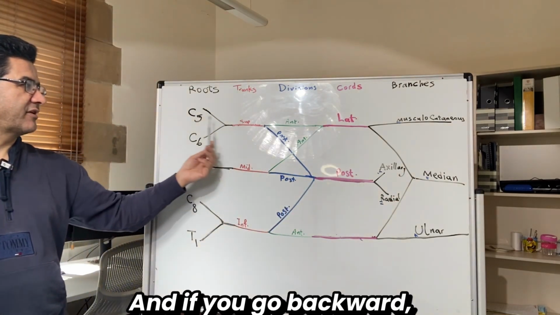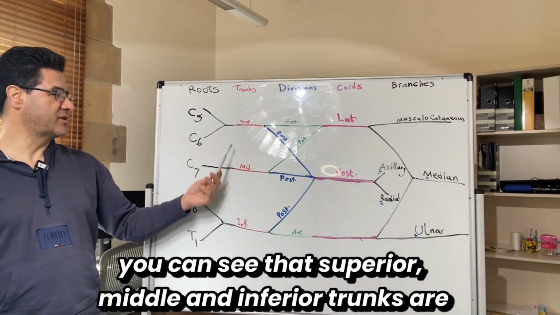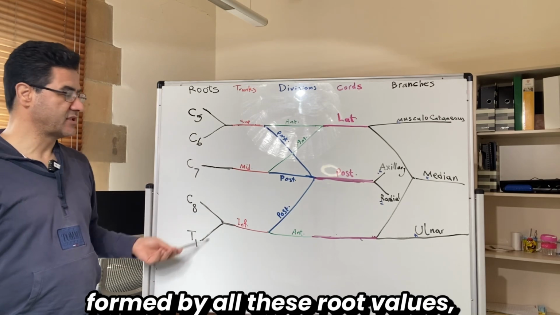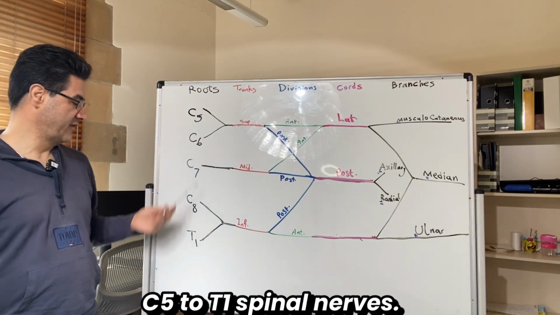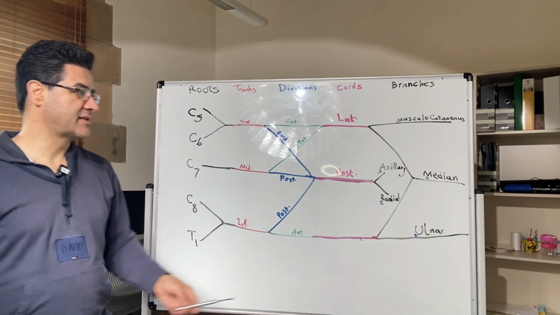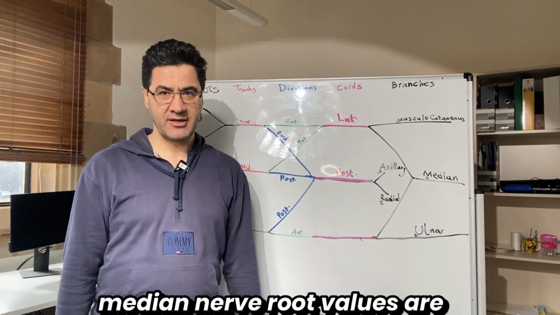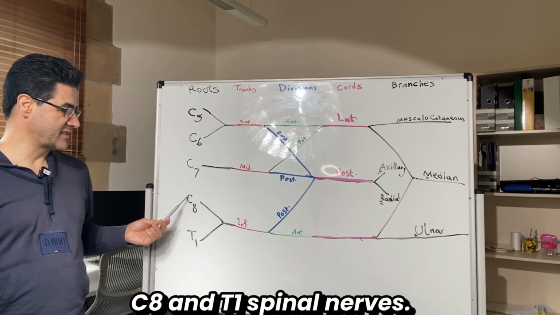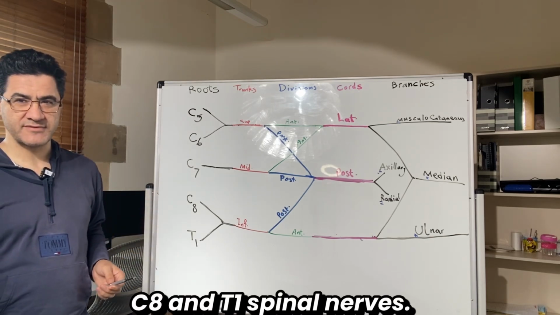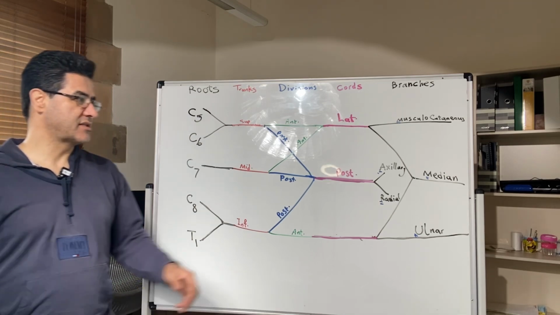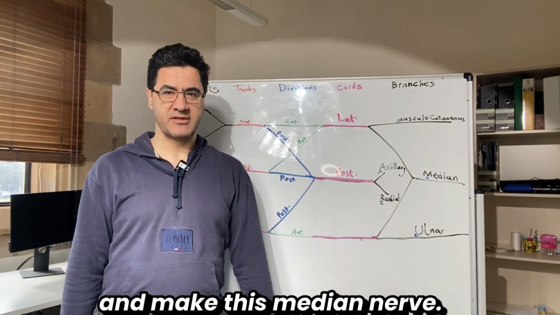And if you go backward, you can see that the superior, middle and inferior trunks are formed by all these root values, C5 to T1 spinal nerves. So the median nerve's root values are C5, C6, C7, C8 and T1 spinal nerves. All these five spinal nerves come together and make the median nerve.